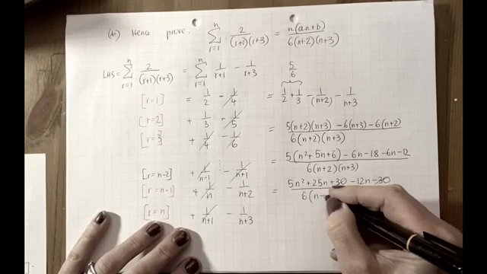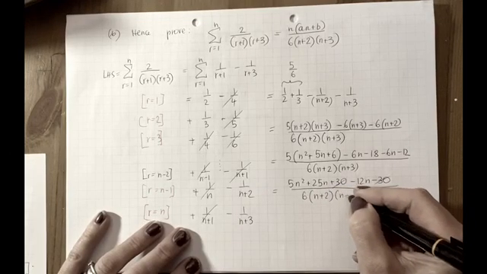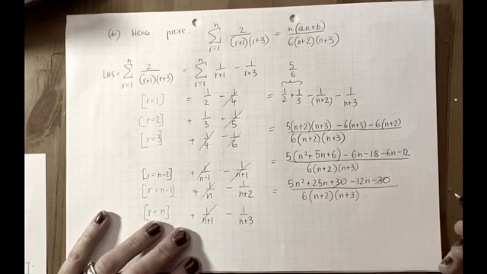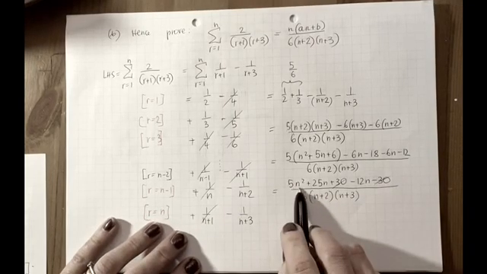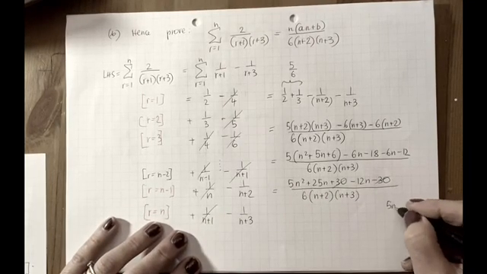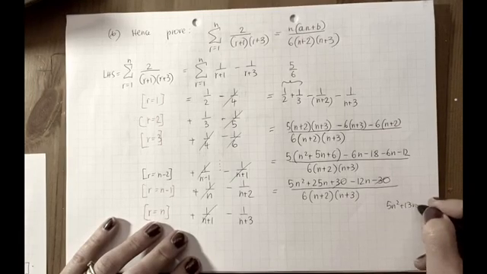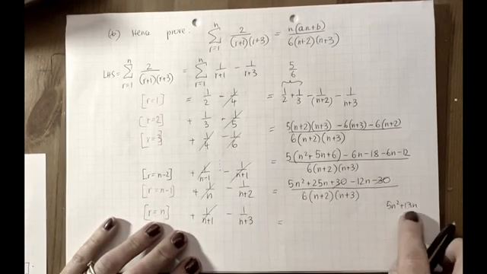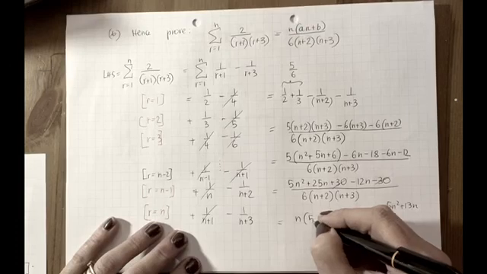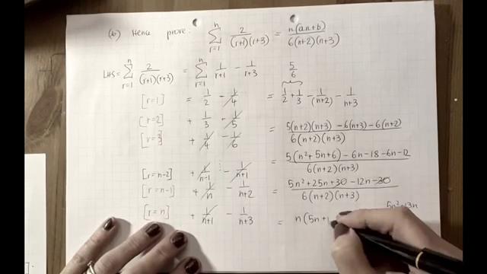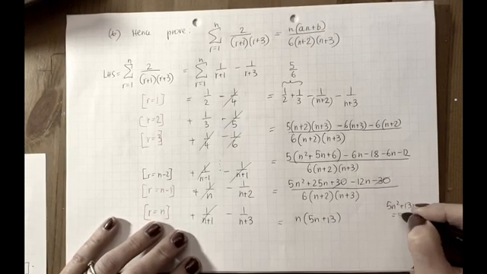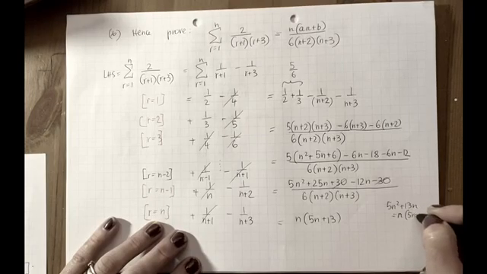So last line to come. Last line. You've got 5n squared plus 13n. So actually I'm going to factorize it. So n times 5n plus 13. That's what this gets factorized to.